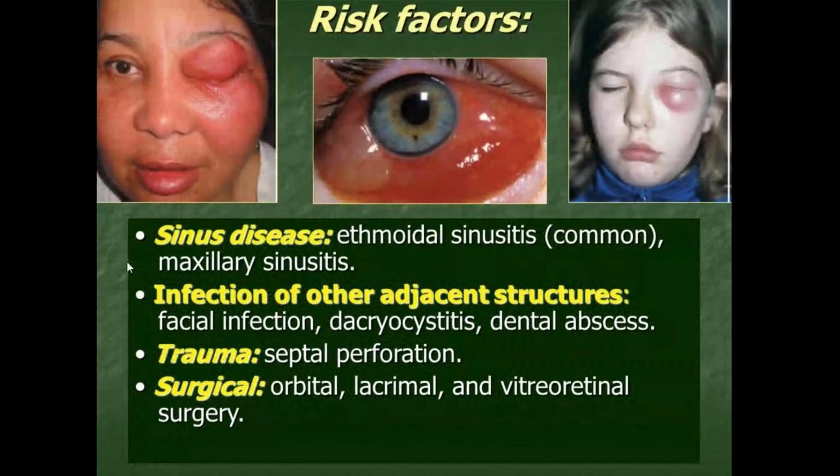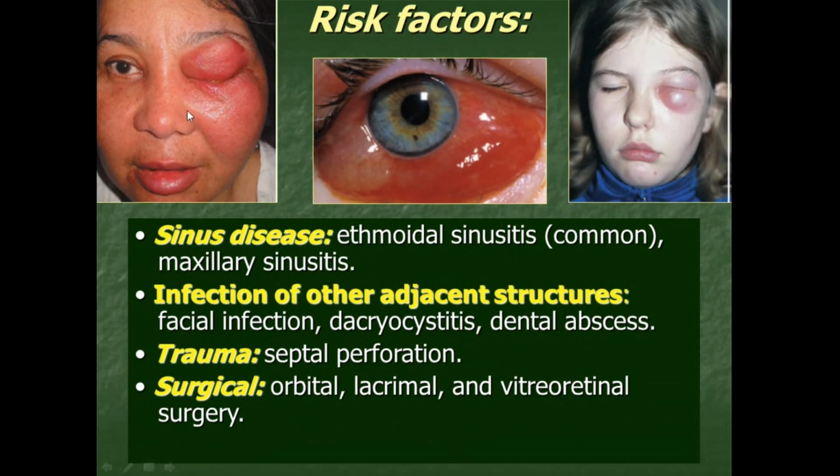The risk factors of orbital cellulitis. At first, it's sinus diseases, infection of other structures of the face, facial infection, dacryocystitis, dental abscess, trauma, and in the case of surgical trauma, orbital, lacrimal, and vitreoretinal surgery may be the cause of orbital cellulitis.